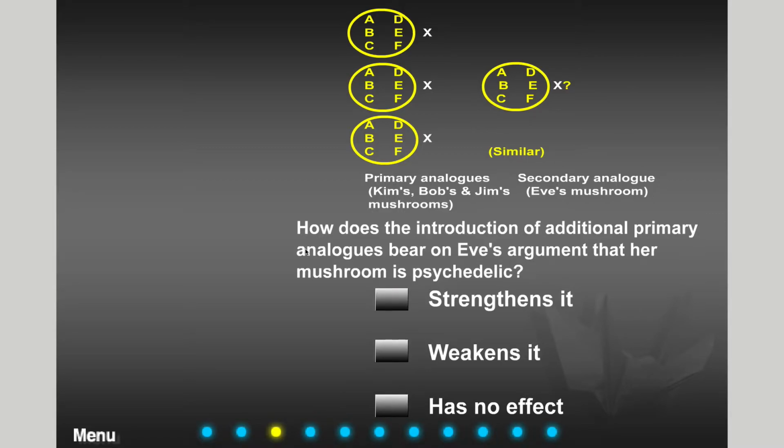So how does the introduction of additional primary analogs bear on Eve's argument that her mushroom is psychedelic? Well, the more examples that have those similarities, and have that factor of being psychedelic, the more likely it is to be this.